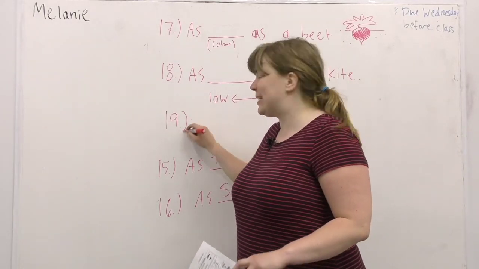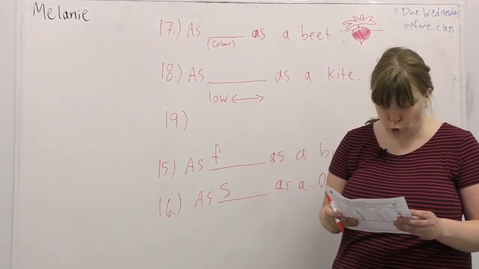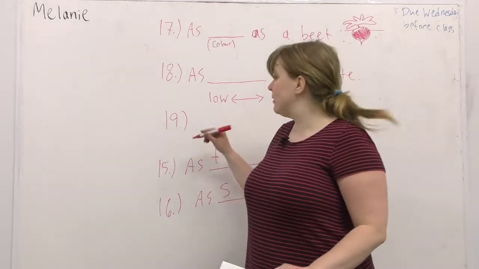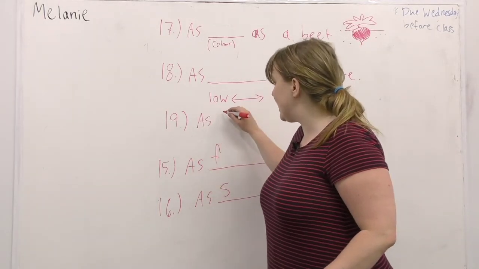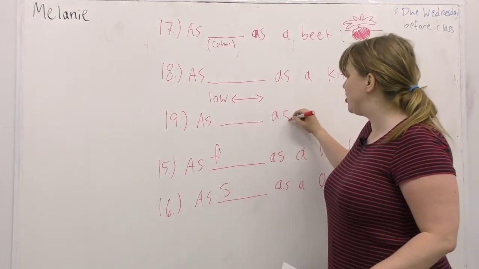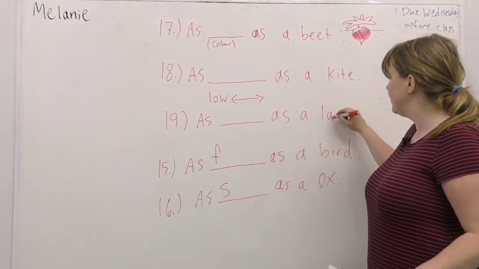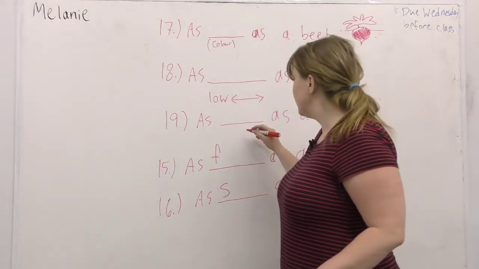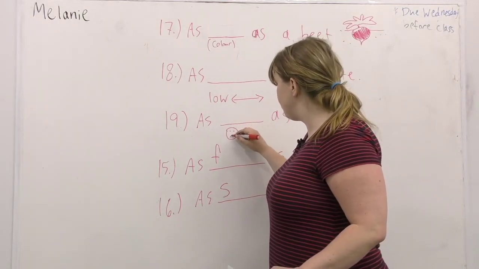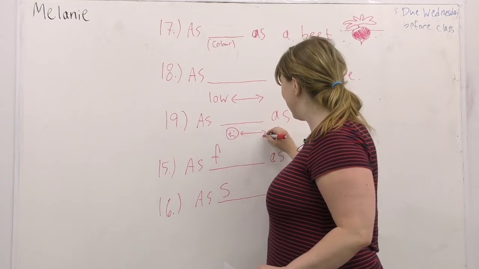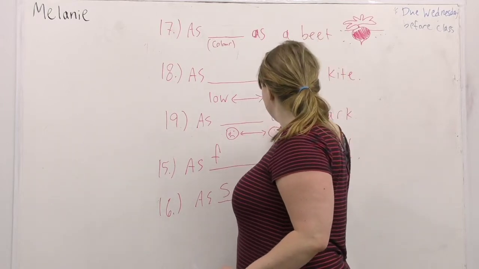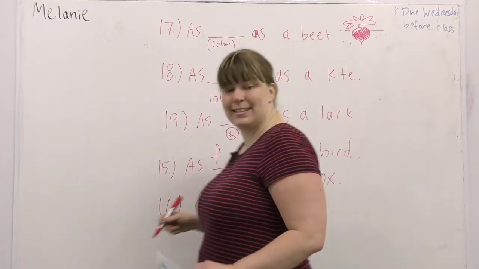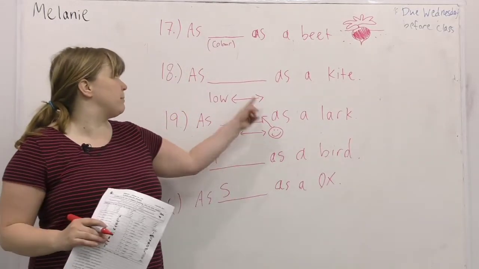And number 19. Okay. This one I put into my assignment, but unfortunately I didn't teach it to you before. Okay, so remember, a lark is a type of bird. So, the opposite of sad is, I think that should be pretty simple.